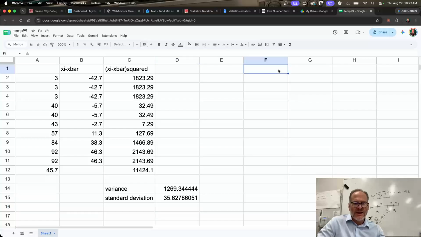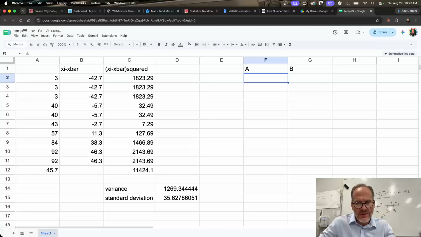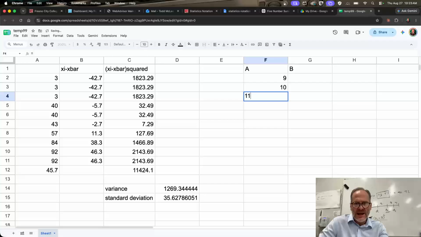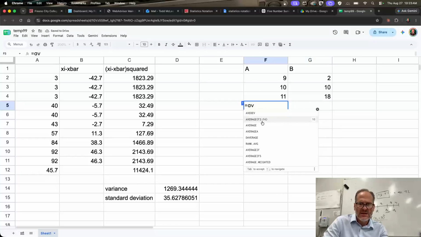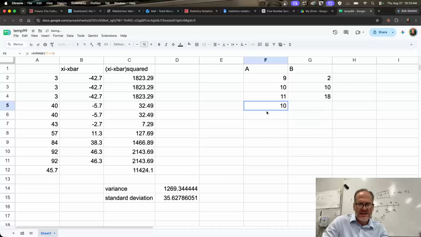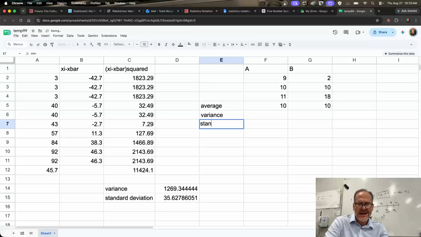So if we had supplier A and supplier B, and supplier A gets it to us in 9, 10, or 11 days, and supplier B gets it to us in 2, 10, or 18 days, the average, the mean, is 10 and 10 for each of them, right? And then our variance and standard deviation.